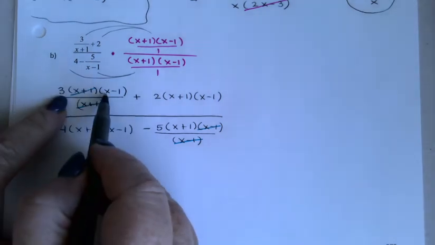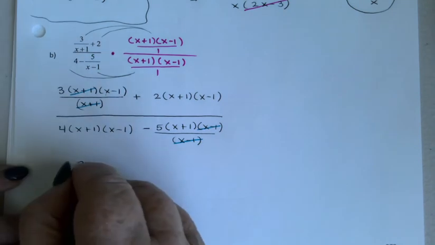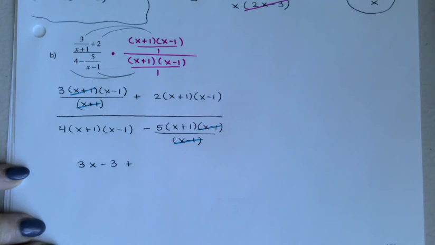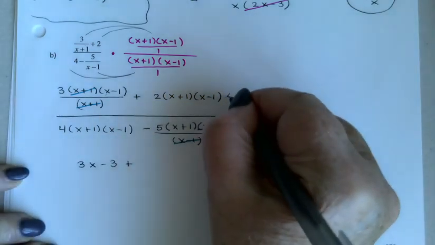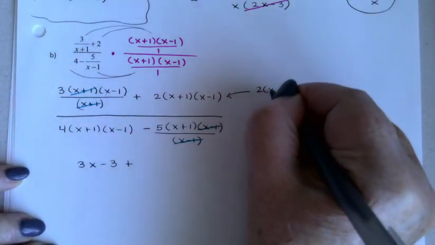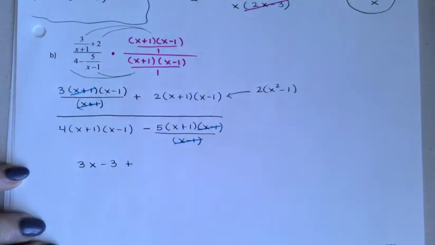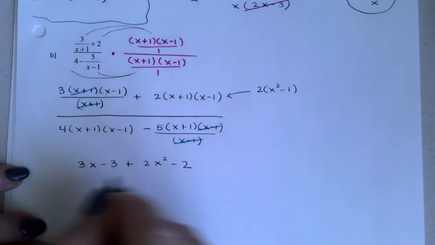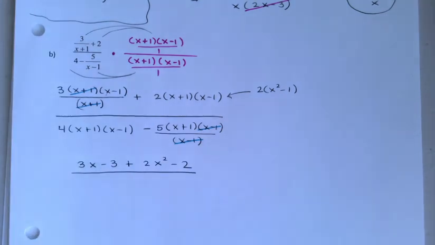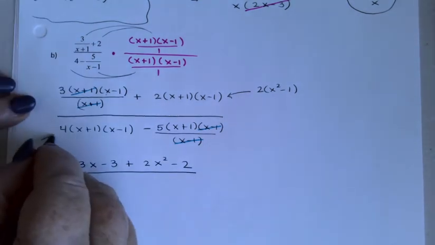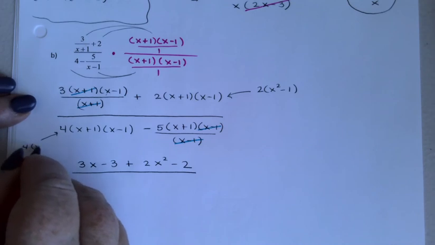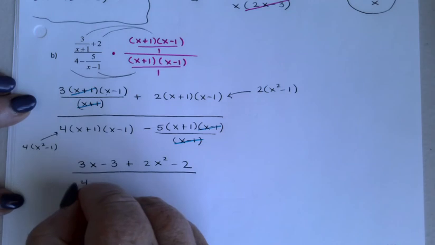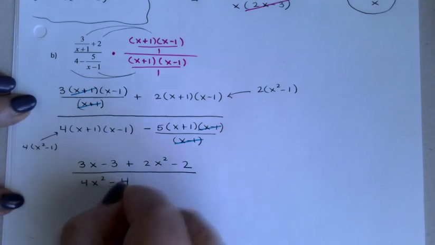That's going to make this 3x minus 3 plus, let's see, that's really 2 times x squared minus 1, right? So I'm going to write it as 2x squared minus 2. Same idea here. That's really 4 times x squared minus 1. So I'm going to write it as 4x squared minus 4.